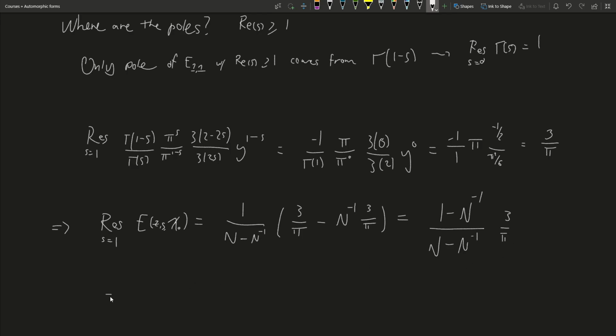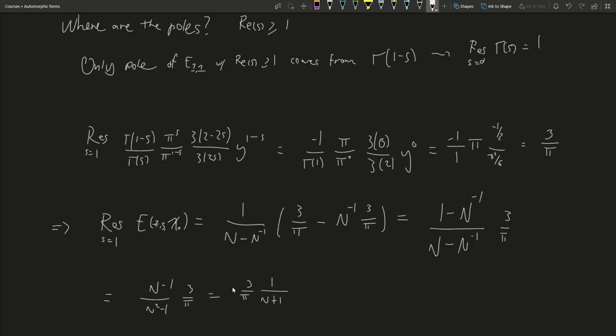And let's clean this up a little bit. I'm just going to make the manipulations that look like they make the most sense to me. n minus 1 over n squared minus 1 times 3 over pi, and then this is going to be 3 over pi times 1 over n plus 1. Cool.